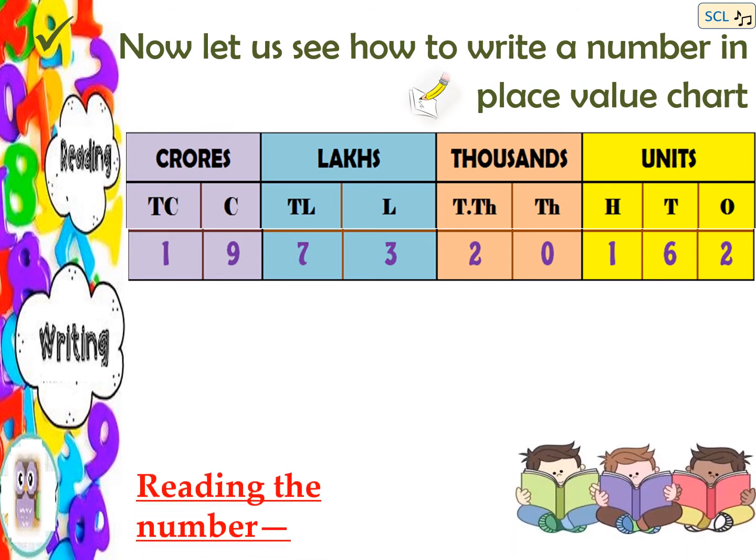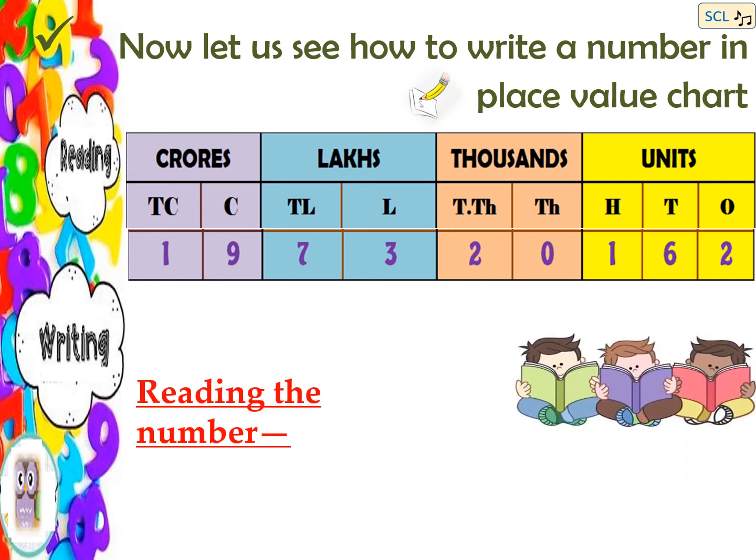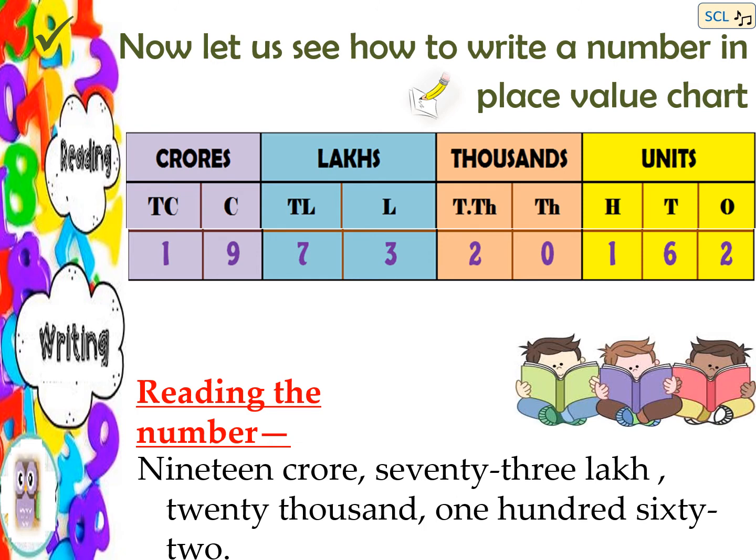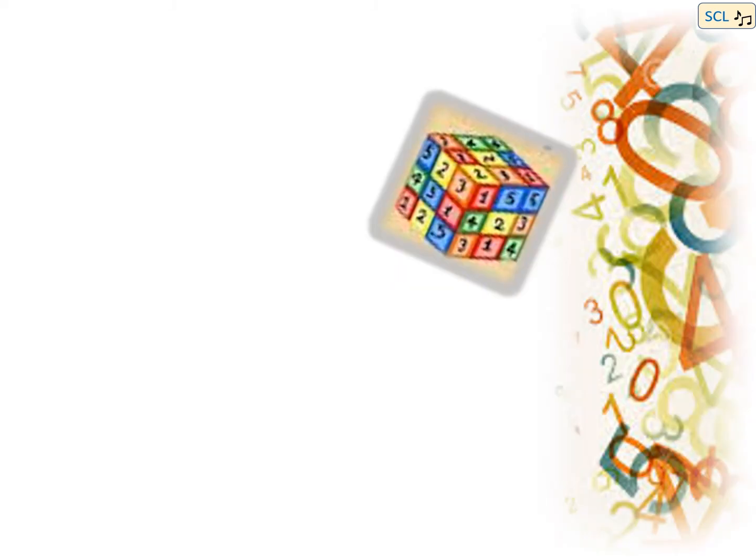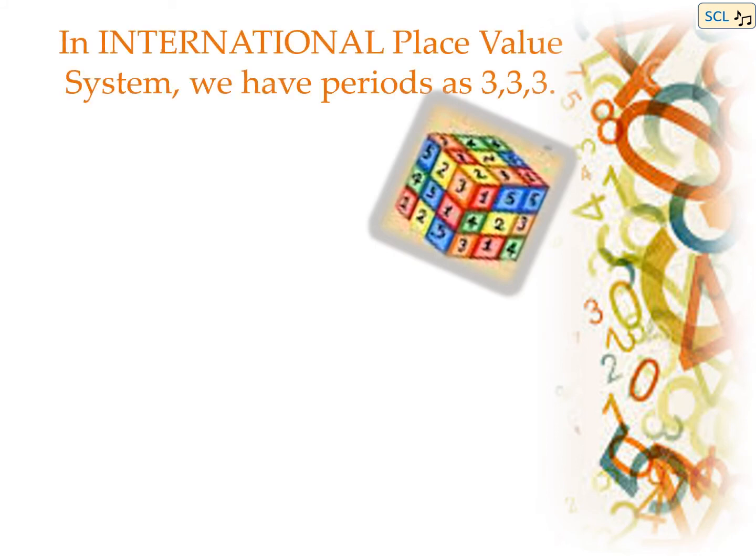To read this number, we will read the number in periods and then the period name. So our number will be read as 19,73,20,162. In the international place value system, we will put commas as 3, 3, 3 according to the periods.